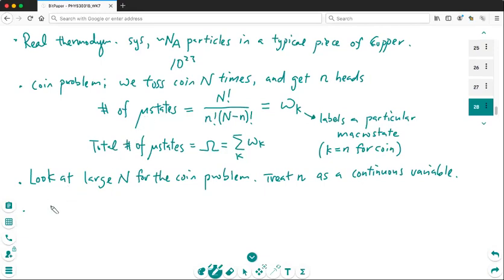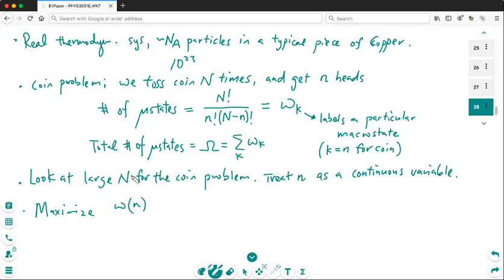That is to say, I have to do calculus. I need to maximize omega as a function of k, but k is n here. Once I maximize this, I will know the condition for having a maximum quantity. And hopefully you will recognize the result right away.